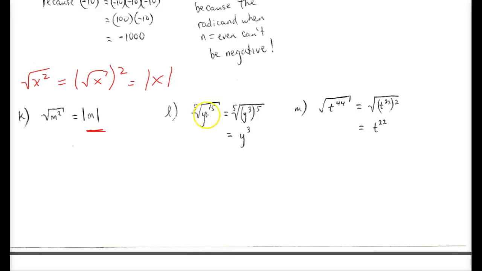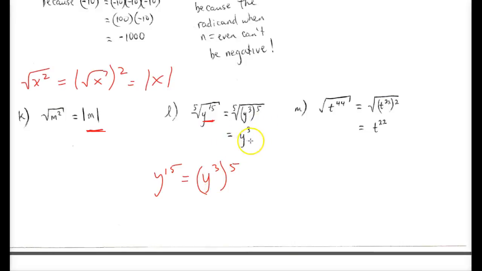For our next one, we notice here the fifth root of y raised to the 15. What I've done here is I've rewritten y to the 15 as y to the 3, all of that raised to the fifth power, because this is the same as saying y to the third being multiplied times itself 5 times.